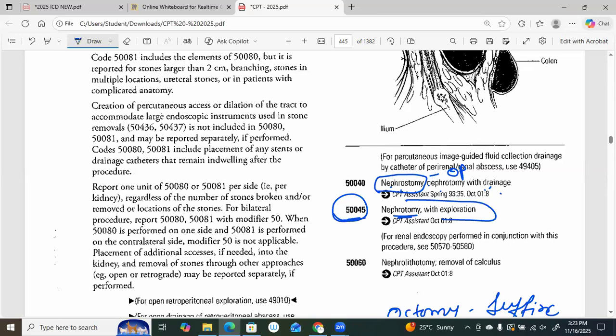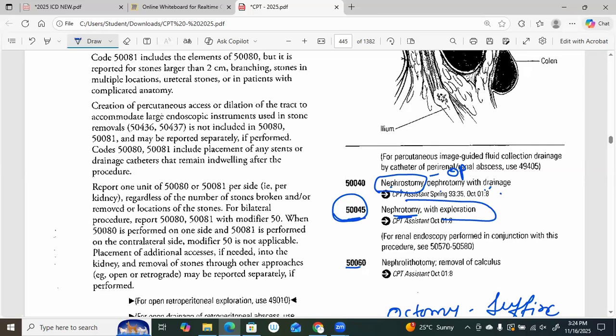Now let's move further. Next we have nephrolithotomy. Nephro means kidney, litho means stone, and otomy means the incision into. So stones can be removed by the open approach or the laparoscopy approach, and we have different codes for the different approaches.